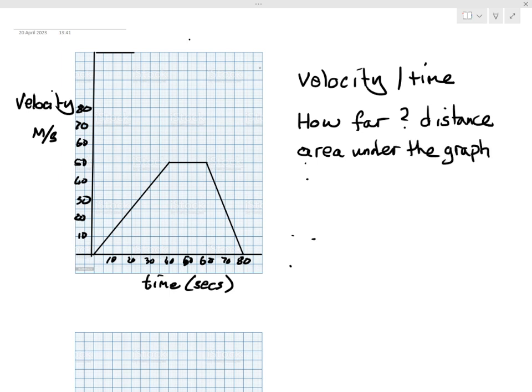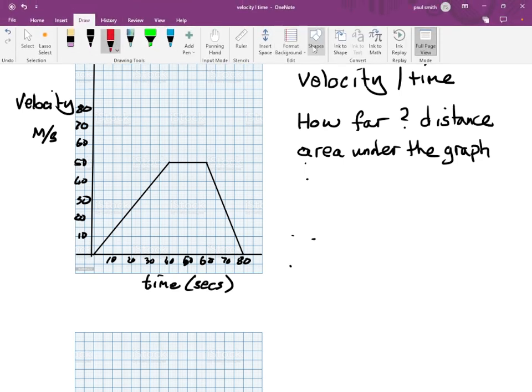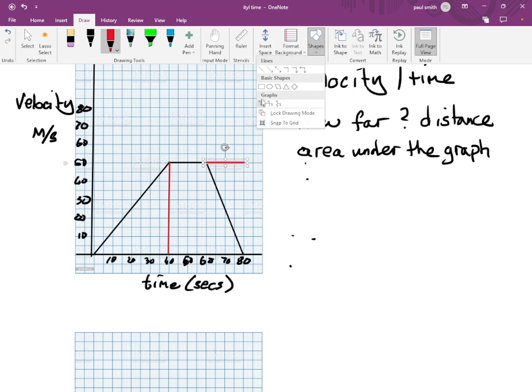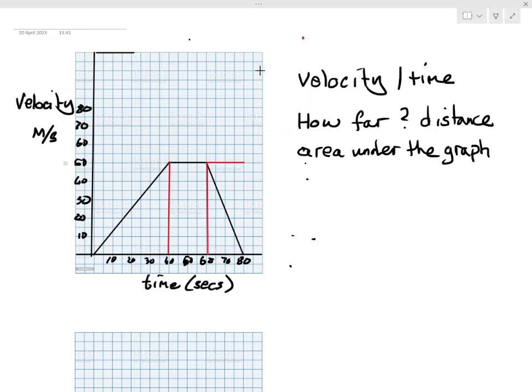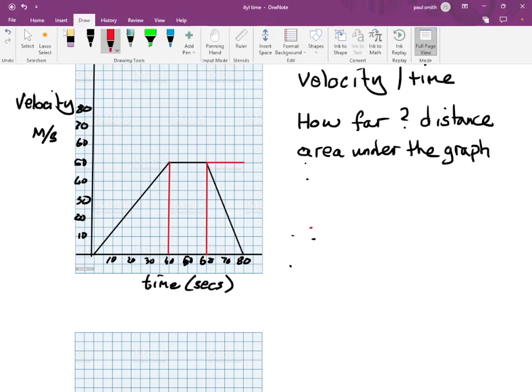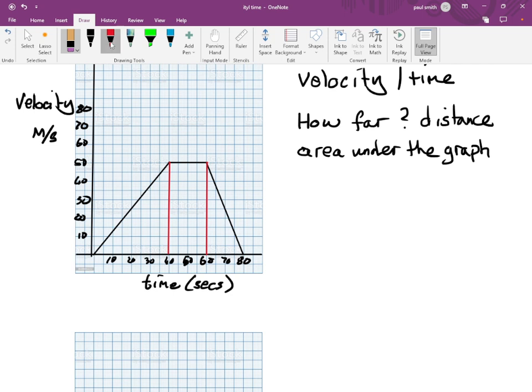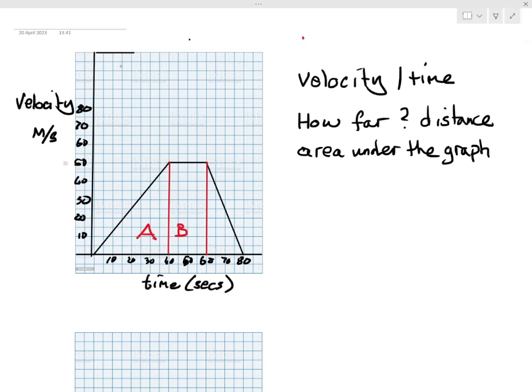So what we need to do now is calculate all the area under the graph, and for that we would divide the shape into triangles and rectangles. Let's get rid of all these little dots here, and let's call it A, B, C, and we'll find the area of these three, and then we'll find out how many meters we have travelled.